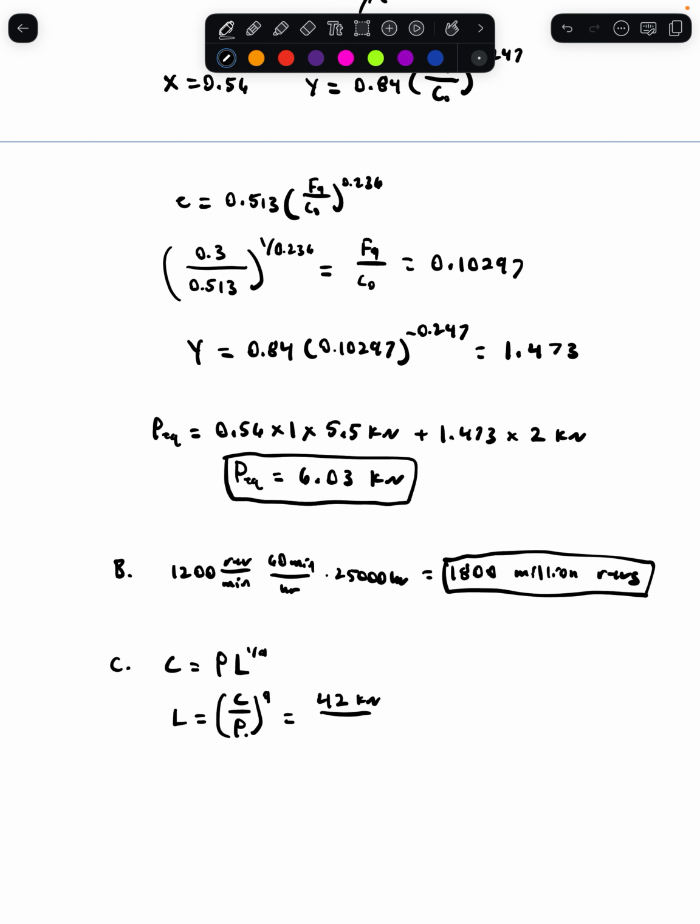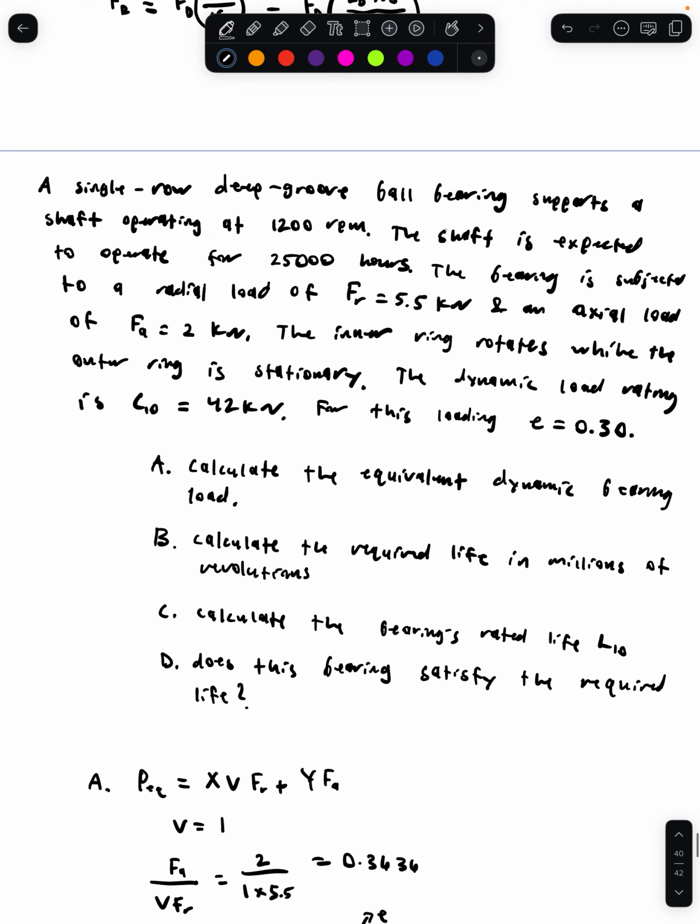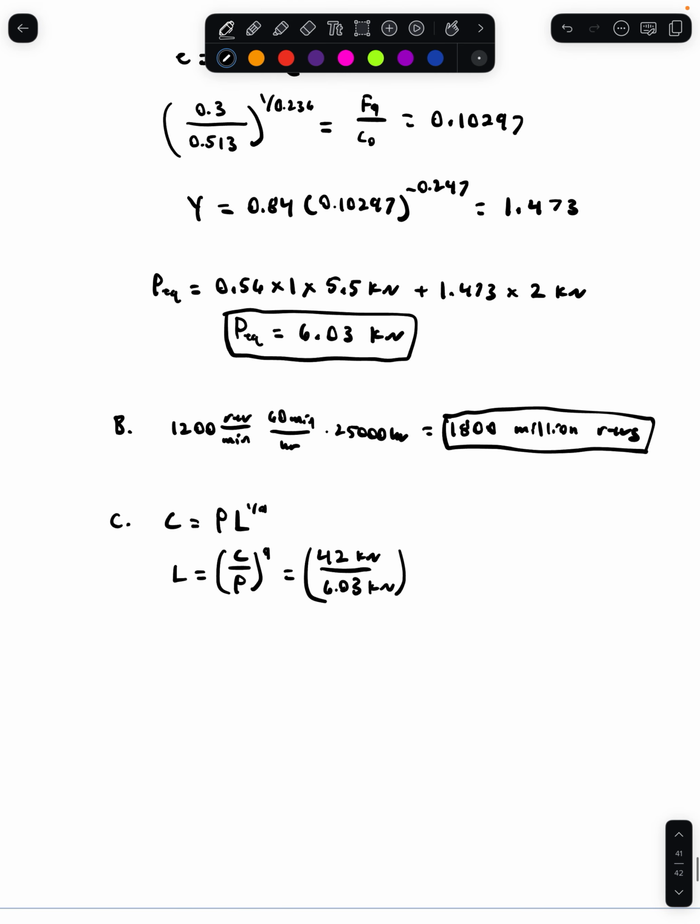And P, remember, is the equivalent radial load, which we just solved for, so 6.03 kilonewtons. And then a, remember this is a ball bearing, so a for a ball bearing is going to be 3. So that comes to 337.91, and this is going to be in millions of revolutions.